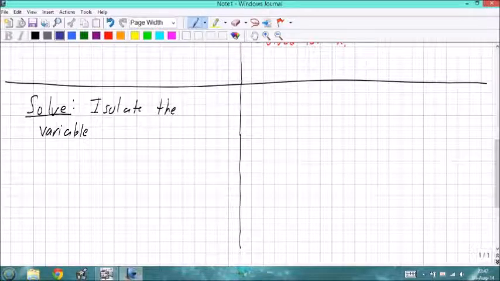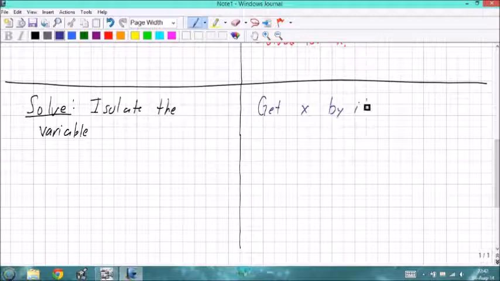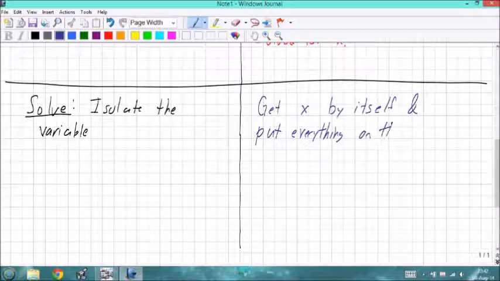So we would say get x by itself and put everything else on the other side of the equal sign.